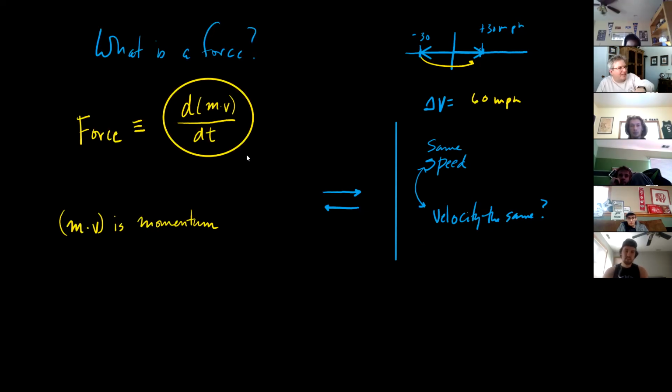Remember, it's got the D in it, so how do you say that? I'm just asking you to say it. Change in momentum over change in time. Well, I'm not asking you for the question. I'm asking you how to say that. You could say dmv dt, or you could just say d momentum d time.